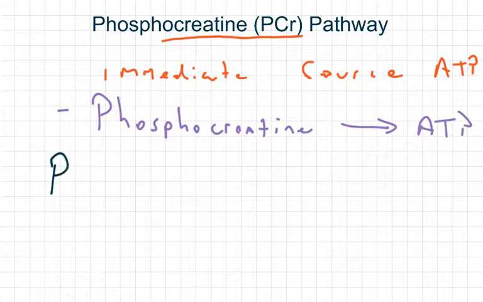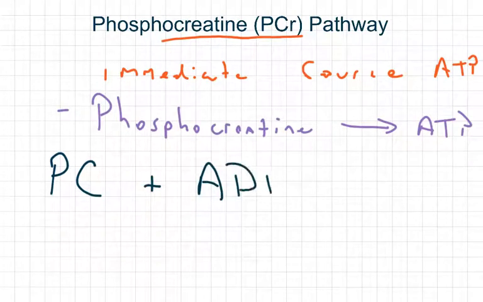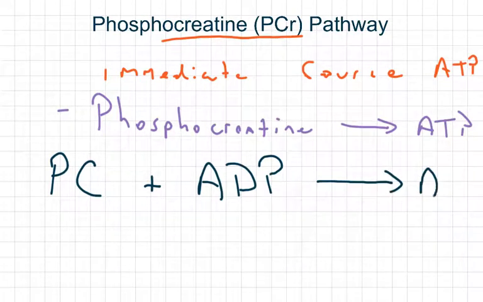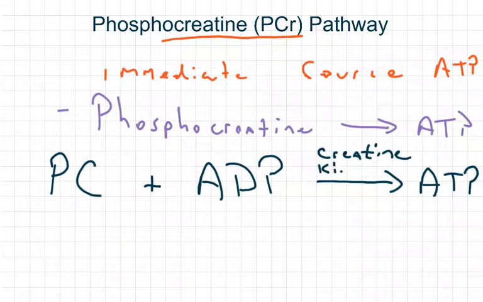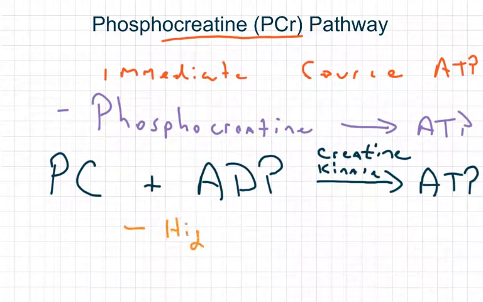So when you take phosphocreatine and you add a single adenosine diphosphate, or ADP, you can create ATP. But this process utilizes the enzyme creatine kinase. This reaction is considered a high energy investment reaction.